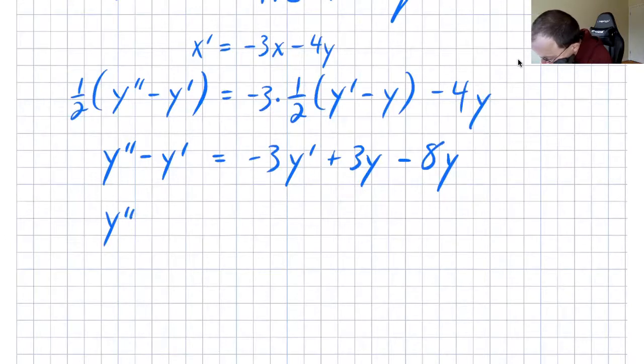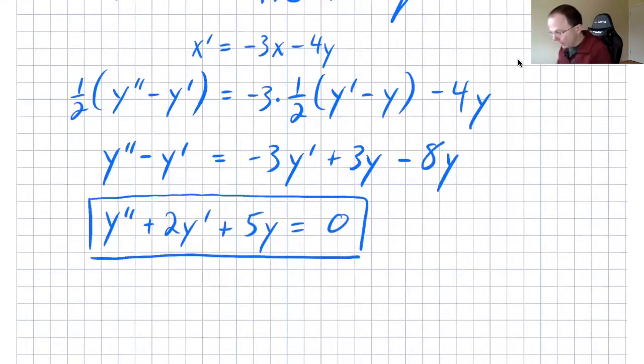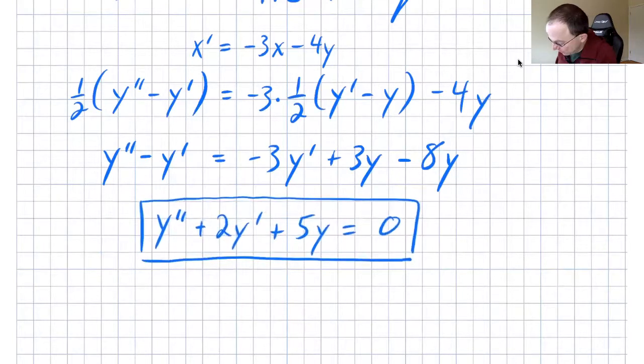So y double prime, I bring the 3y prime over, so that'll be plus 2y prime. And then minus 5y, so that'll be plus 5y is equal to 0. So there we have it, a nice homogeneous differential equation.